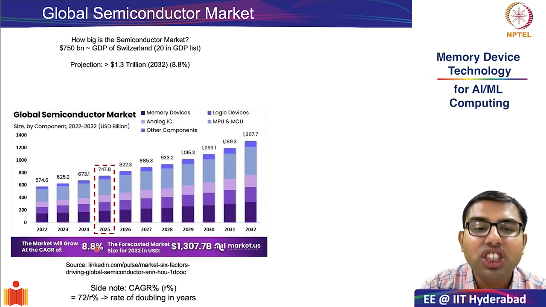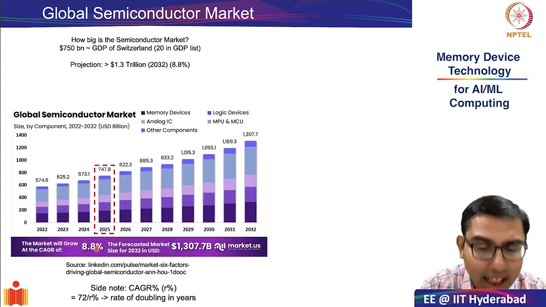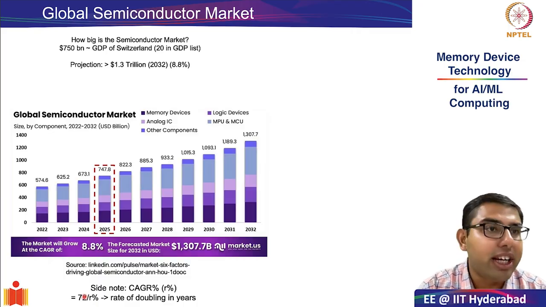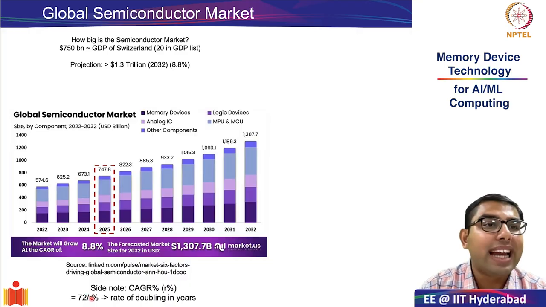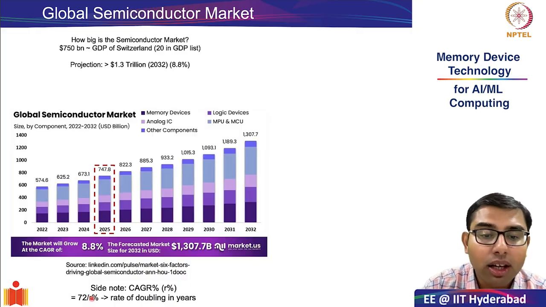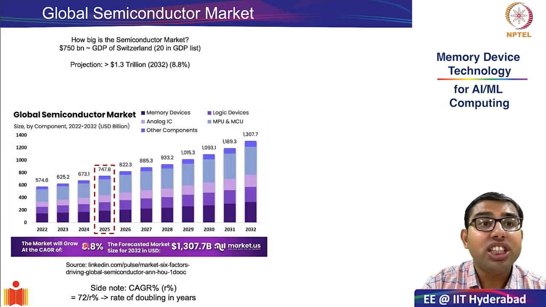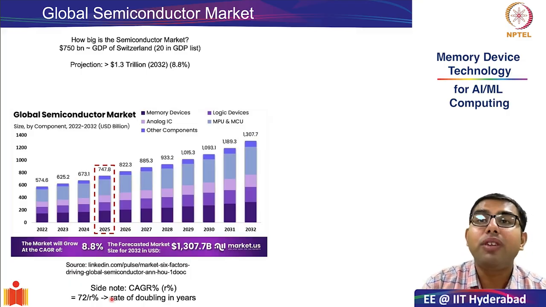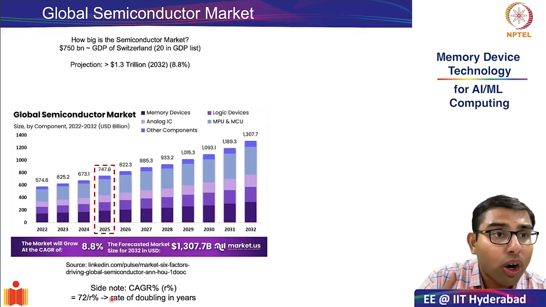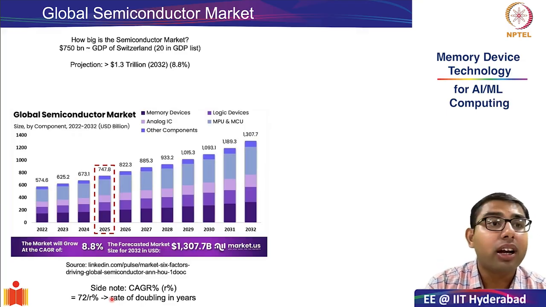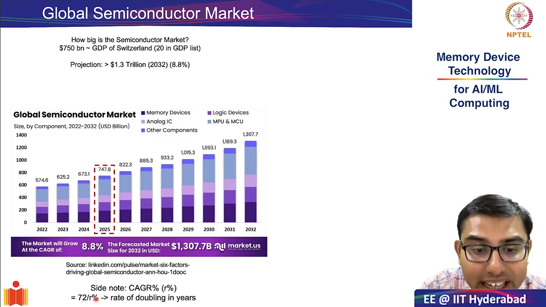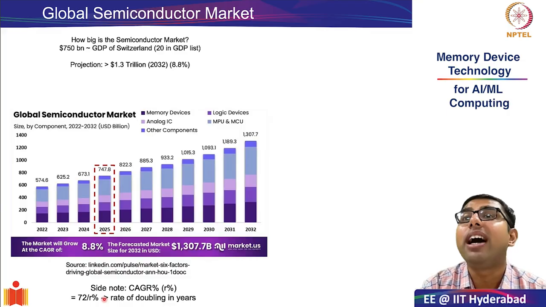If you have the CAGR number, which is roughly 9, all you need to do is divide 72 by that number. So 72 divided by 9 is roughly 8. A CAGR of 9% roughly means that the semiconductor market will double every 8 to 9 years. This is what is indicative of this CAGR rate.